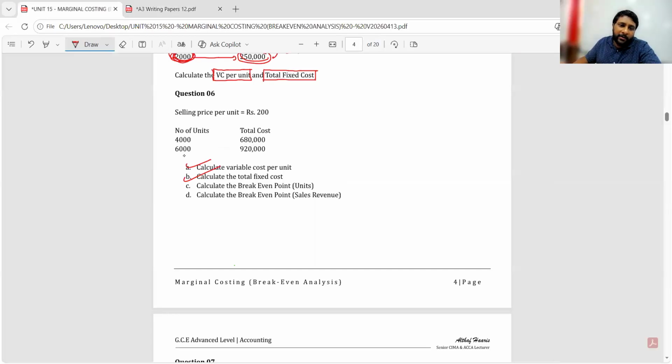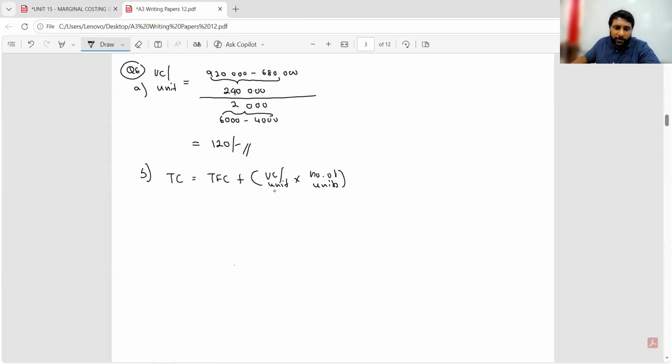I'll take 6,920. So the variable cost per unit we have is 120. When I make 6,000 units, my total cost is 920,000.